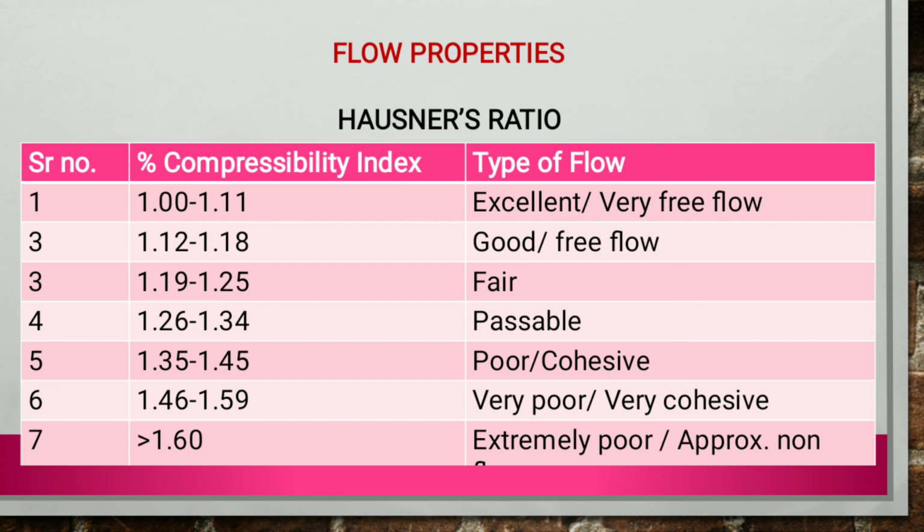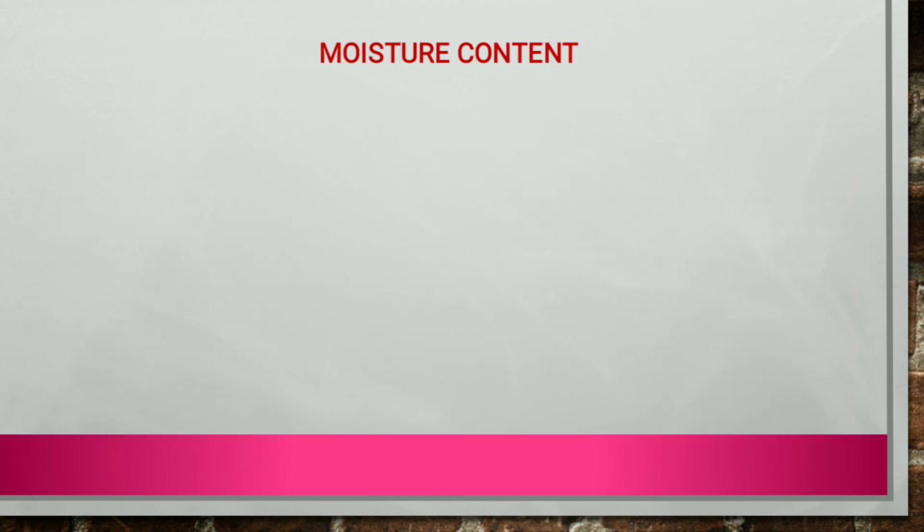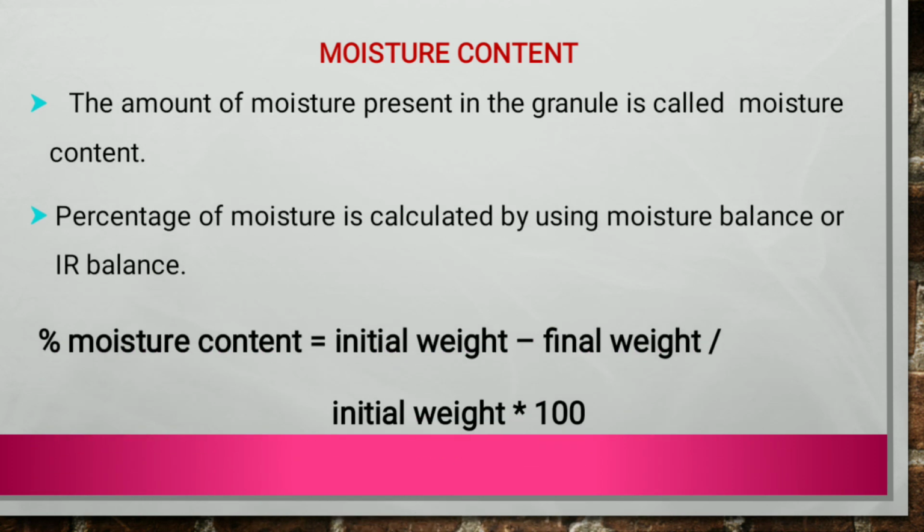Then the next property of powders, that is moisture content. So moisture content is simply how much water is present in the product. It influences the physical properties of a substance like weight, density, viscosity, also conductivity and some other properties. The amount of moisture present in granules is called moisture content.